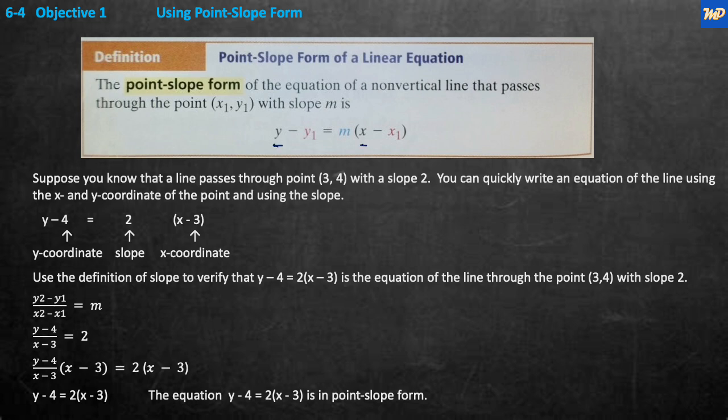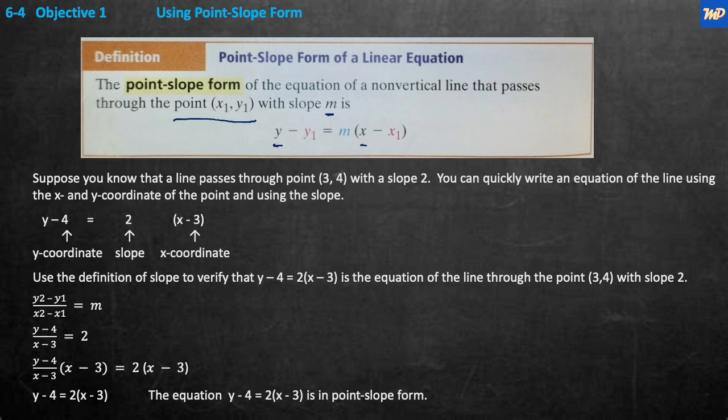So we're given a line that passes through the point x1, y1 with a slope of m. And here's the equation: y, the y value we're looking for, minus y1 is equal to m, the slope, times x minus x sub 1.